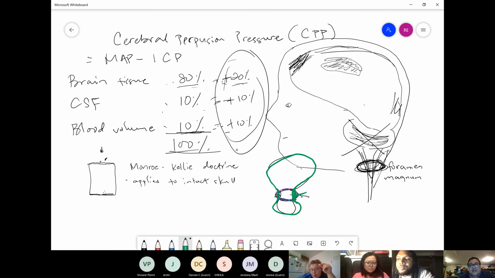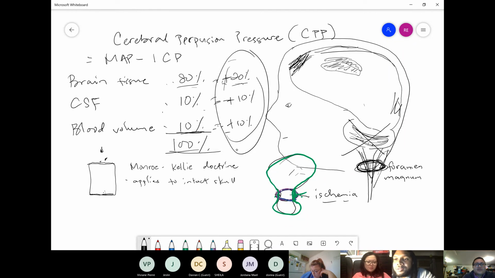Ischemia here, correct? Yes. So there will be tissue ischemia there, and the brain tissue will start to die.